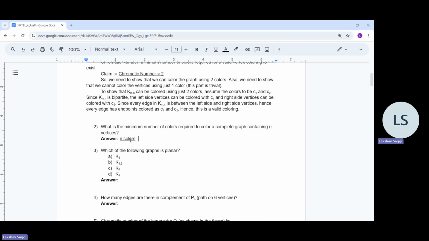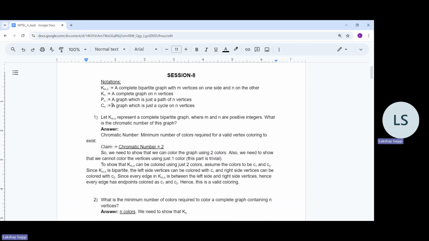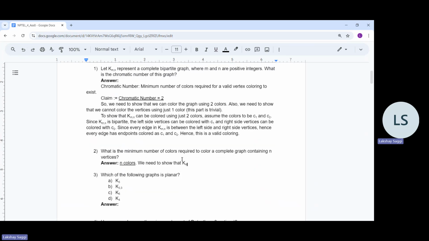For this to hold, we need to show that K_n, the complete graph on n vertices, can be colored using n colors.